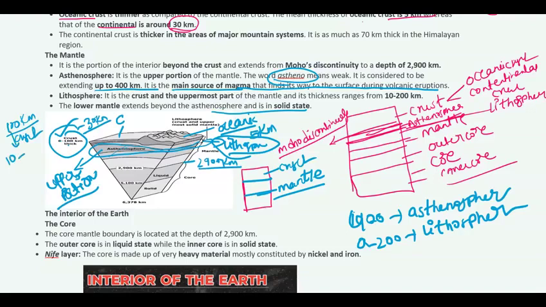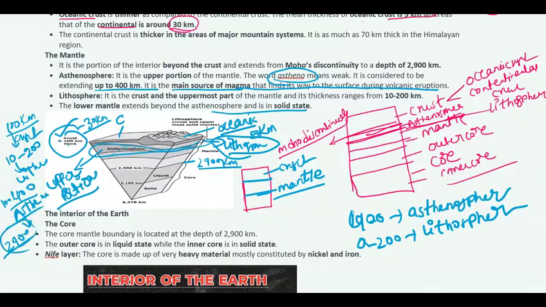From 100 to 200, lithosphere. Whereas from 100 to 400, you can see the asthenosphere. So from 400 to 2900, it is total mantle.